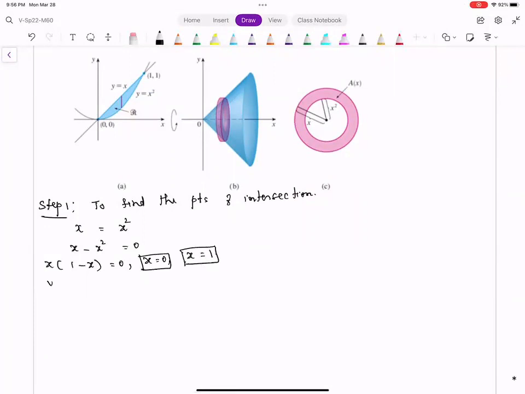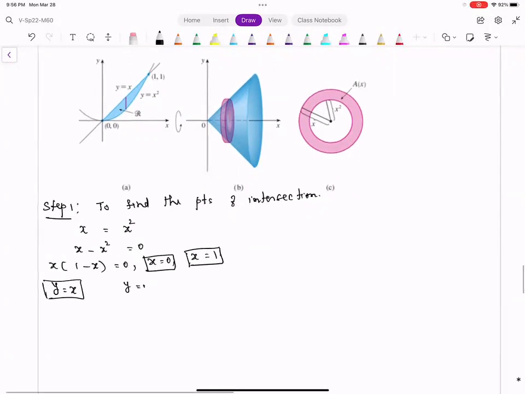If you substitute them in either y equal to x or y equal to x squared, you get y equal to 0 and y equal to 1 also. So you notice 0, 0 and 1, 1 are the points of intersection.